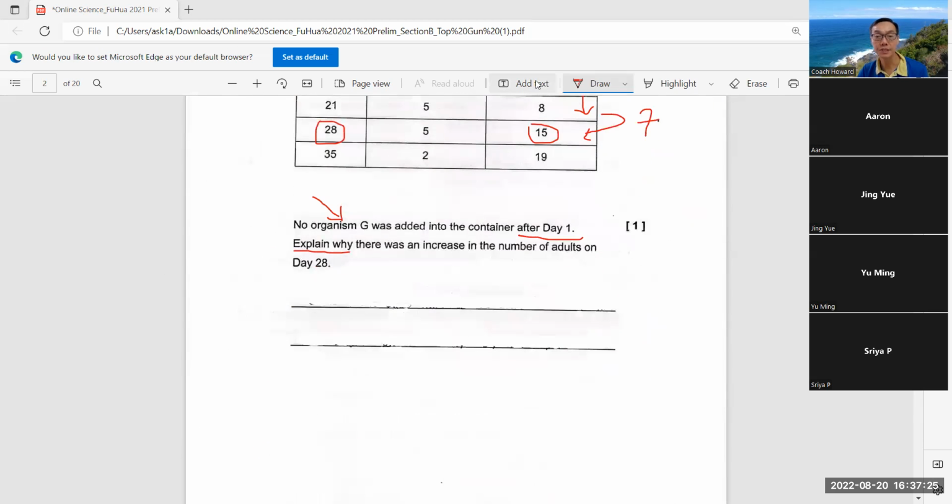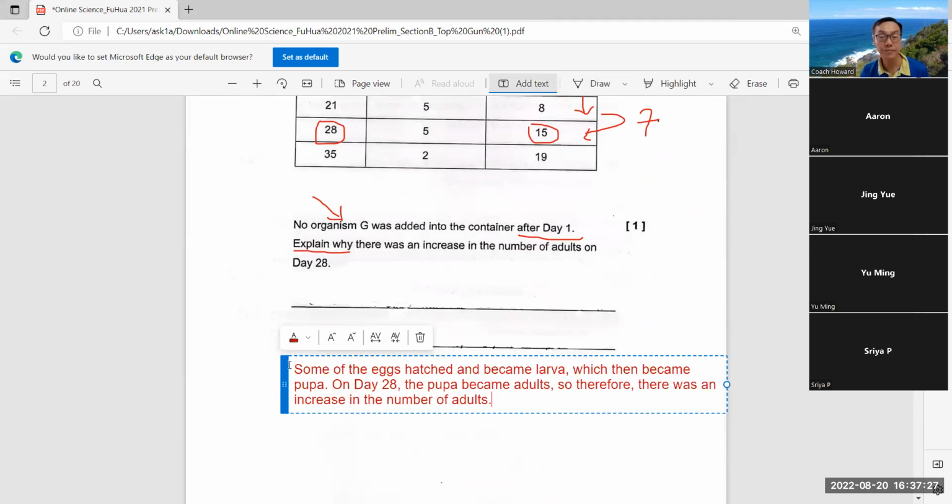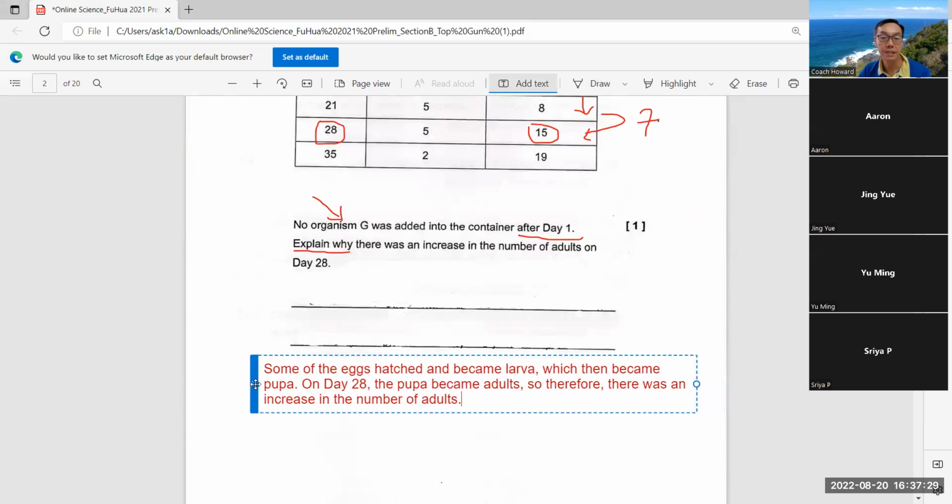This is how you should put it. Some of the eggs hatched and became larvae, which then became pupae. On day 28, the pupae became adults. Therefore, there was an increase in the number of adults.